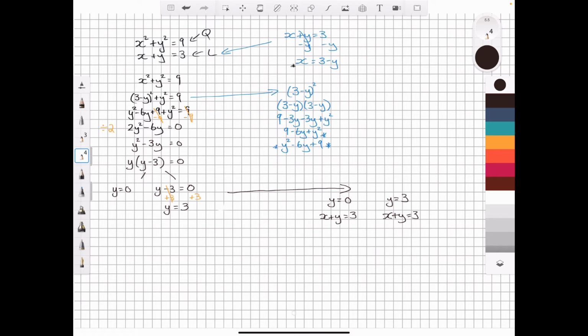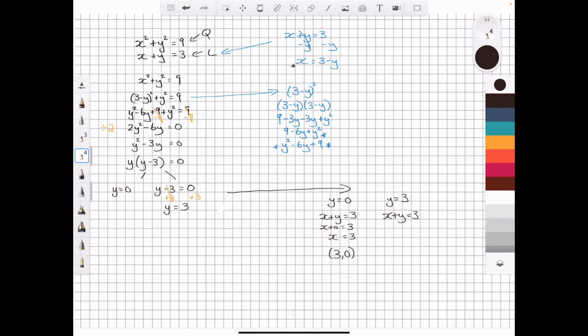And now we just substitute in what the y value is. So y is equal to 0 here. So x plus 0 equals 3. So 0 is nothing, so we're left with x is equal to 3. So here, our answer would be 3, 0.